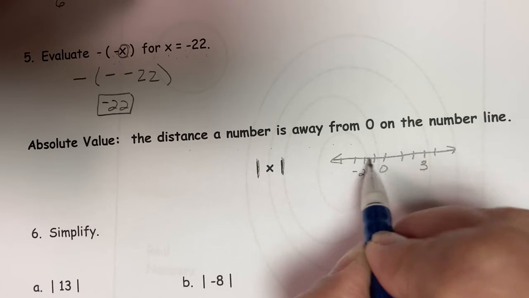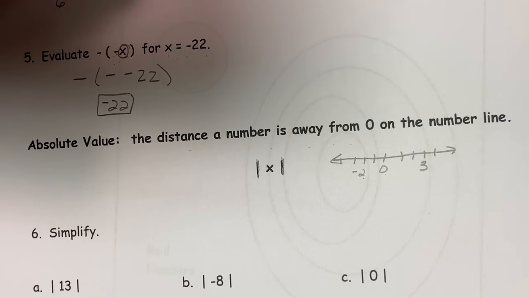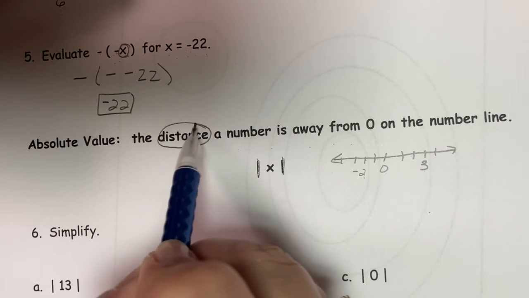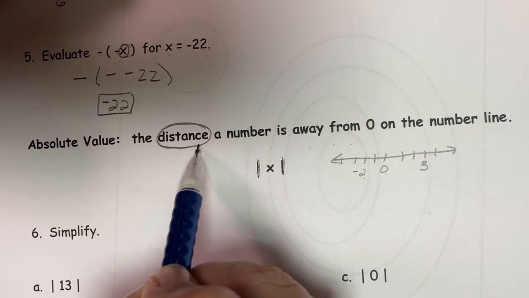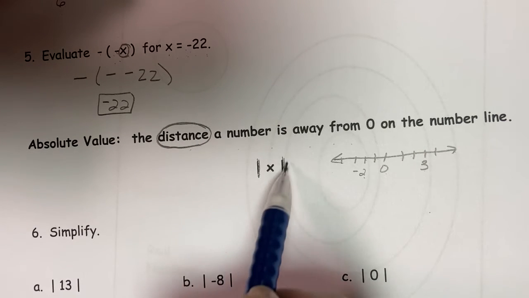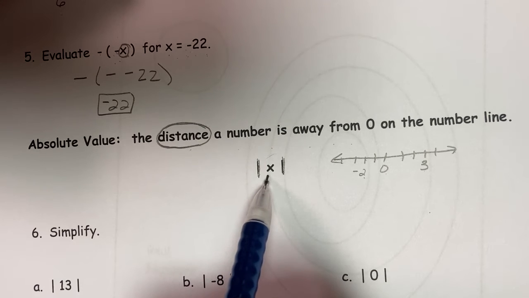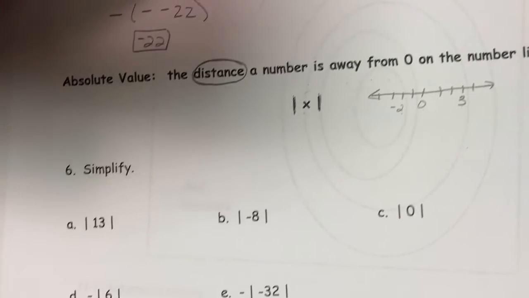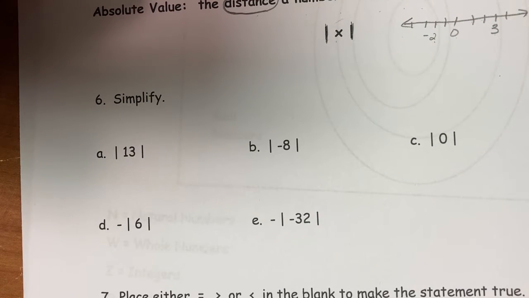Well, it is 2 units away from 0. So the absolute value of negative 2 is 2. By definition, your absolute value is a distance, and distance is always positive. Therefore, your absolute value of a number will always be a positive number. So let's see that in action when we go to example 6.